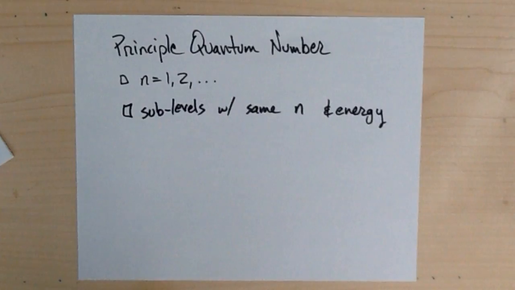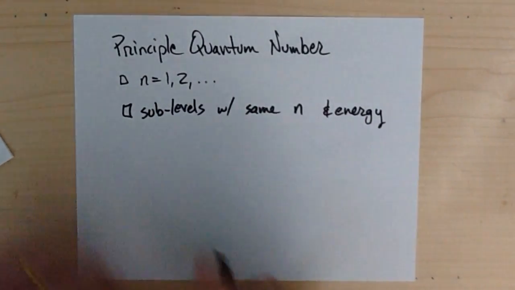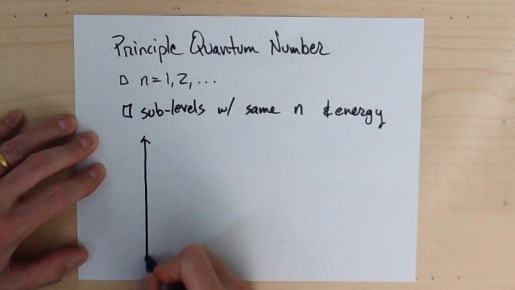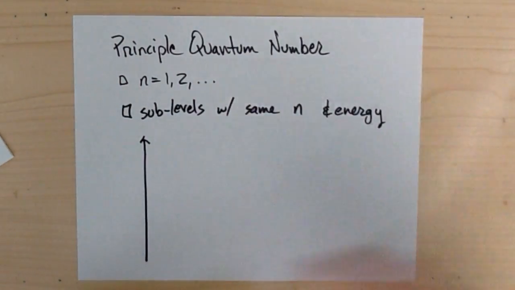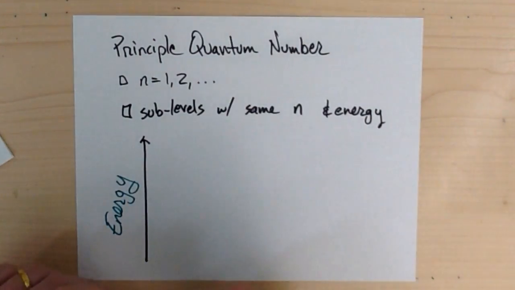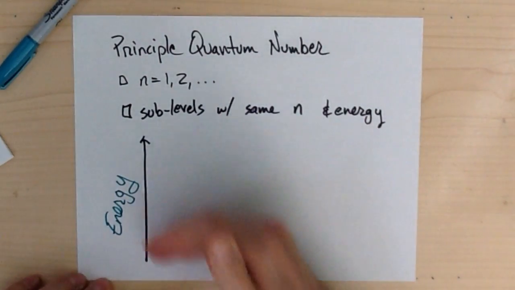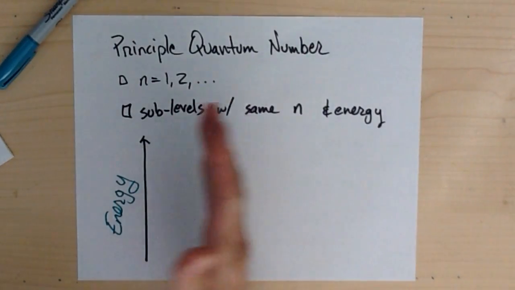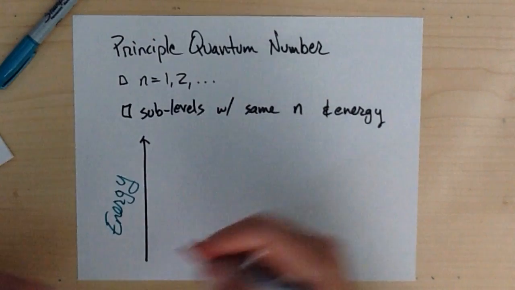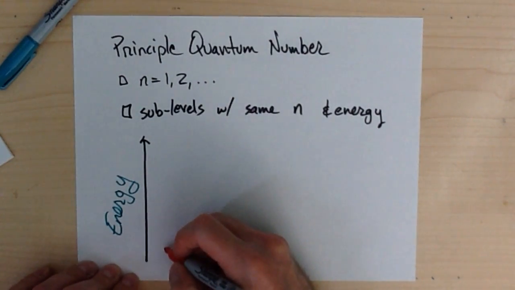Okay, so you've probably seen this before, a chart something like this, where this is energy. And then on this map here, I want to list out the possible energies that electrons can take, right?